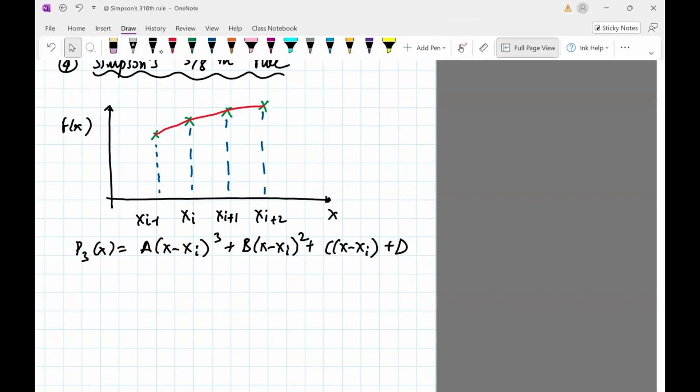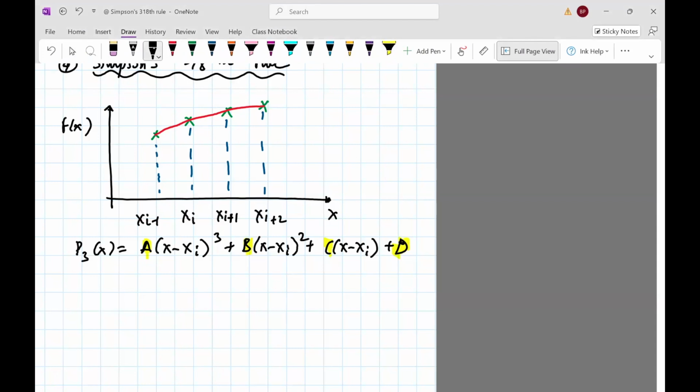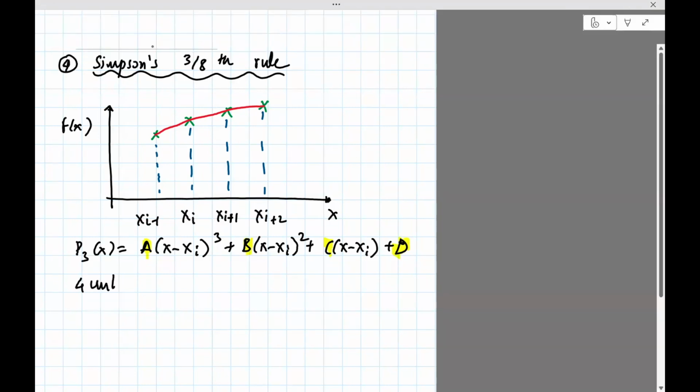So we see that we have 1, 2, 3, 4. So we have 4 unknowns, and we can generate 4 equations. How do we generate them?